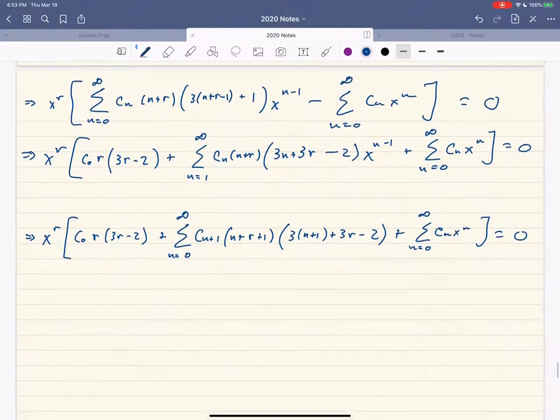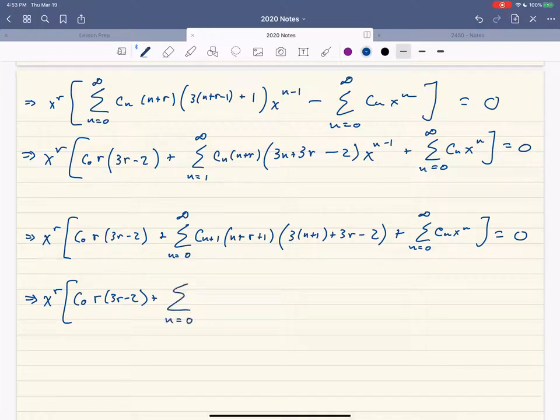And what this means is that we're going to be able to now combine everything. We know that on the left we can combine these two sums.